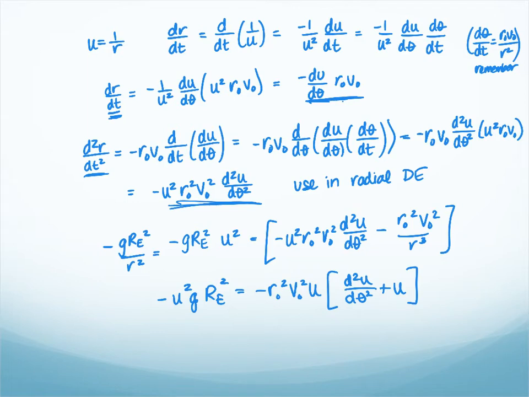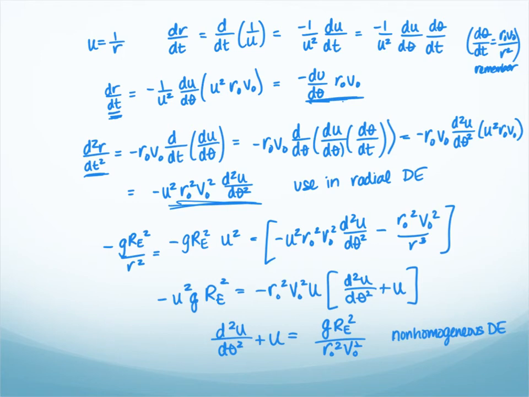Still looks like a mess, but what we can do is isolate this, and what we've done is we've rewritten this after a lot of work that you probably wouldn't have thought of doing.